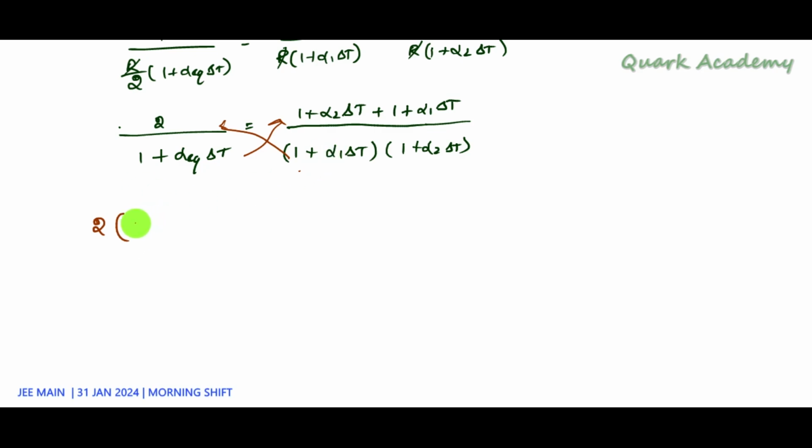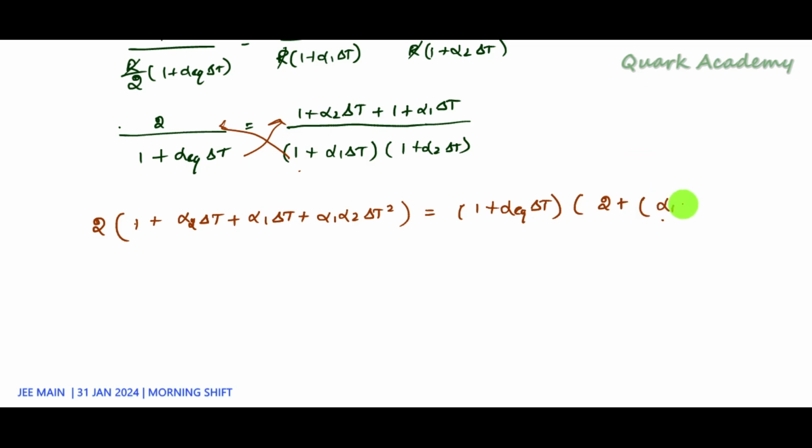Also we'll multiply this. So 1 plus alpha 2 delta t plus alpha 1 delta t plus alpha 1 alpha 2 delta t square, which is equal to 1 plus alpha equivalent delta t. Here I can simplify the numerator, 2 into alpha 1 plus alpha 2 delta t.